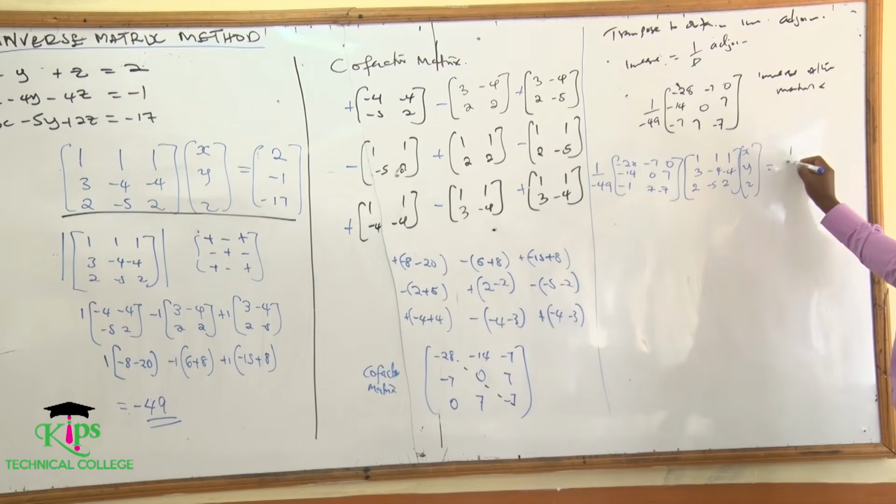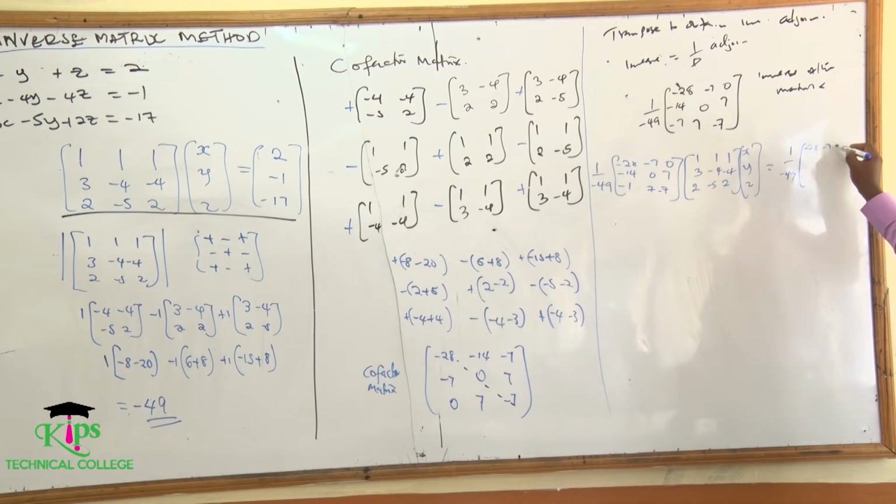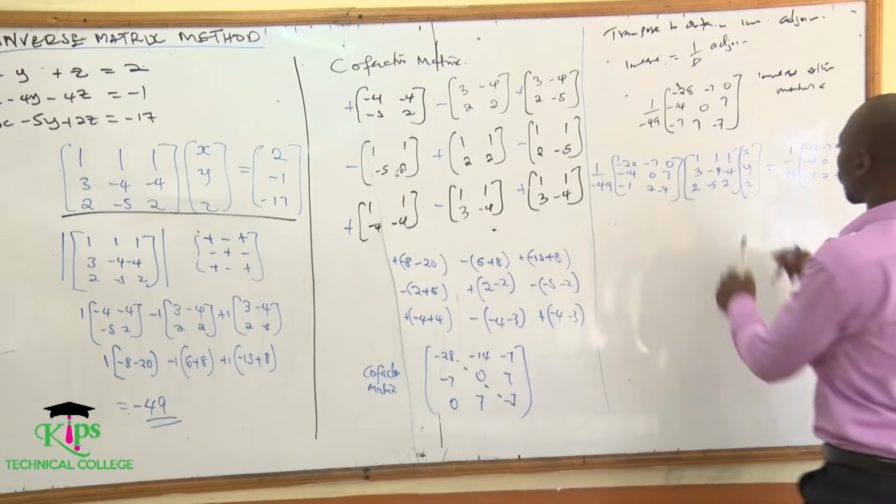That is 1 over negative 49 into the matrix, negative 28, negative 7, 0, negative 14, 0, 7, then negative 7, 7, negative 7. You multiply by what was on the right, that is 2, negative 1, negative 17. So you multiply both sides. So this one is the inverse of this matrix.